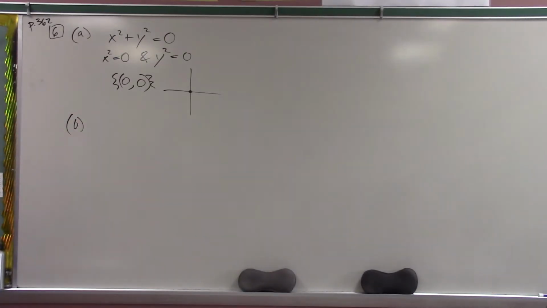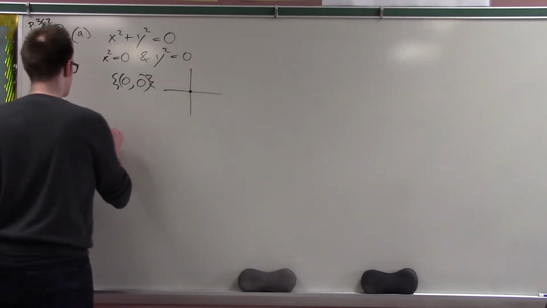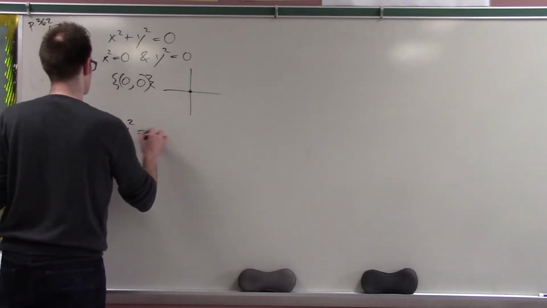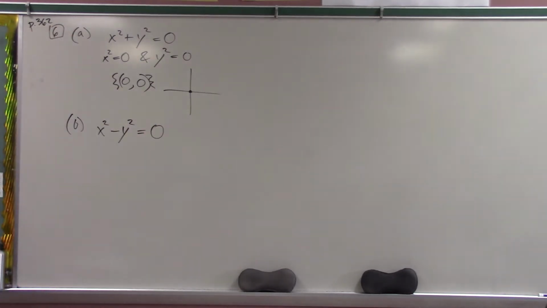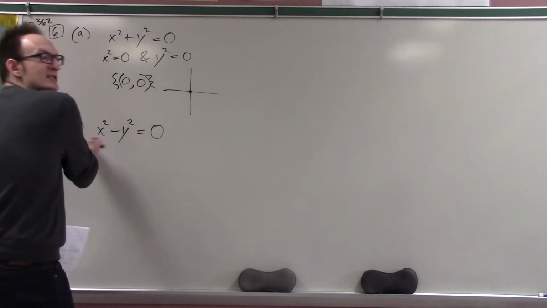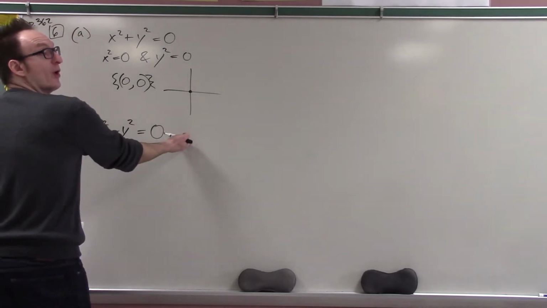B is x squared minus y squared equals 0. What does that look like superficially? Yeah, it reminds me of a hyperbola, right? Because it's x squared minus y squared. If it was equal to 1, it would be a hyperbola.